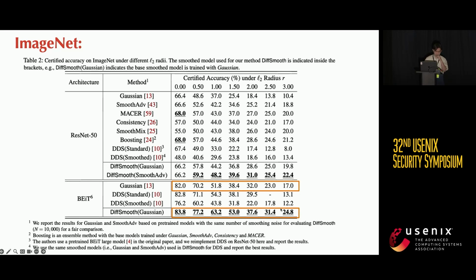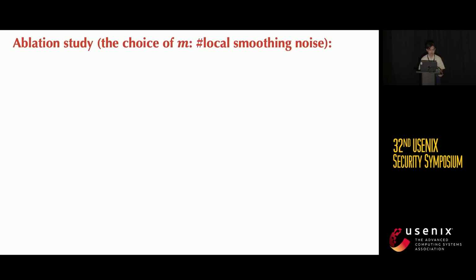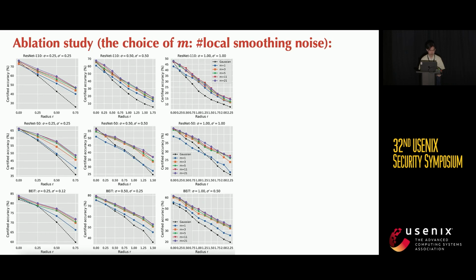Another interesting ablation study is about the number of local smoothing noises we used. As I show here, with more local smoothing noise, we can achieve much higher certified accuracy. And if we focus our attention on the larger perturbation radius, we can see the certified accuracy is improved by about 10 to 20%.